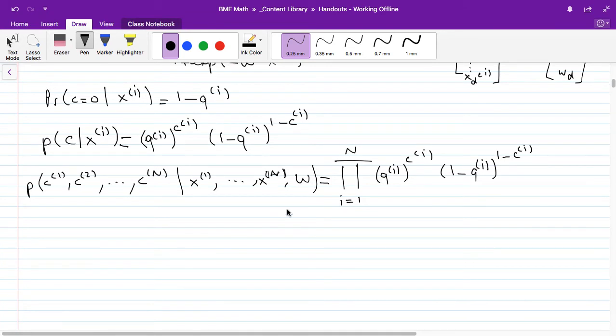So what we want to do is find a w that maximizes this likelihood, where the q's are the posterior probabilities of belonging to class 1. So we take the log of this, and then we find the derivative of the log with respect to the w that we're after. So the log of this probability is going to be the sum of this.